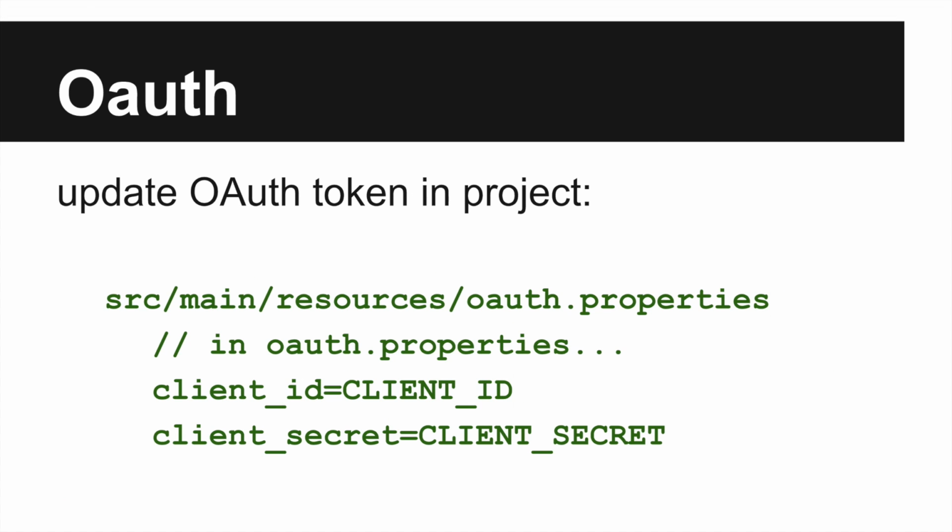Okay. Now you've got your OAuth properties file set, and we can start looking at some code. But before we look at code, I'm just going to explain a little bit about how this flow is going to work for users. So what's going to happen is first, a user is going to visit your site, click Install Glassware. They're going to get redirected to Google, and it's going to show them their account or accounts, and they can pick an account to sign in with, hopefully the same account that they use for Glass.